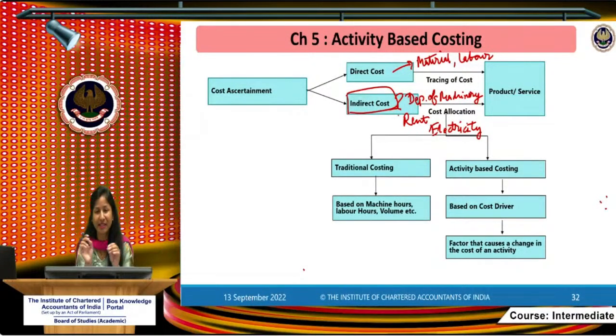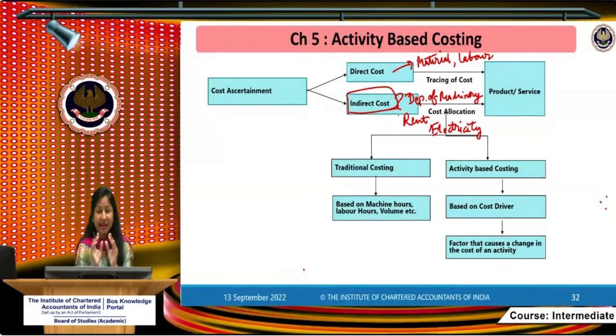In total, they are 10,000 units, and you are paying rent. Now, how will you allocate this? You may allocate on the number of units produced. Ratio would be 6 is to 4. The rent amount you would be allocating on the basis of number of units. But is this okay? Is this the correct base of allocation? No. This is where activity based costing comes in.